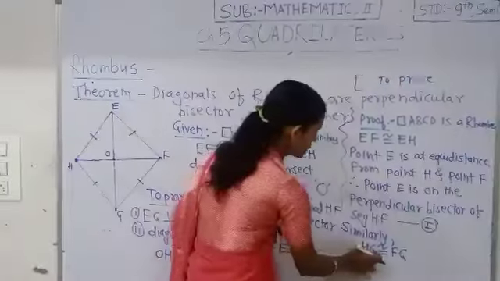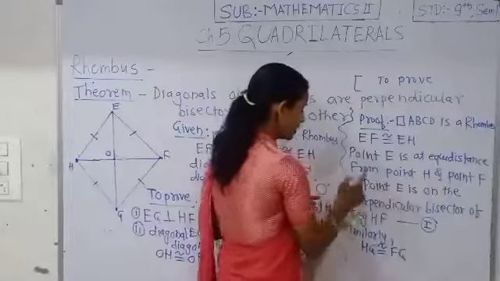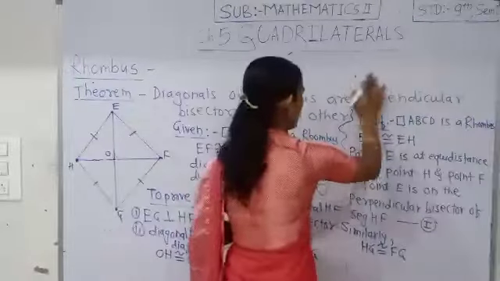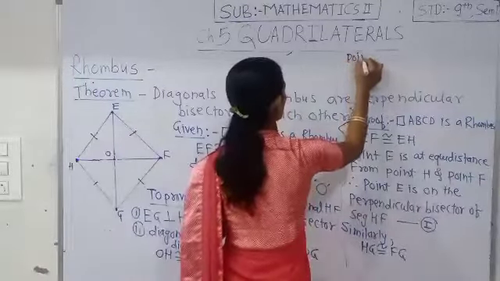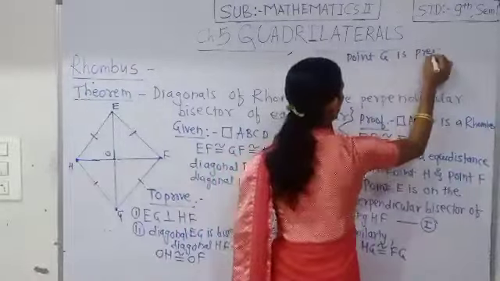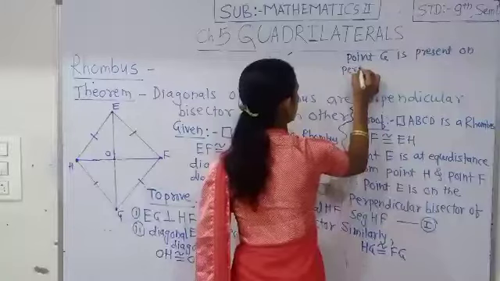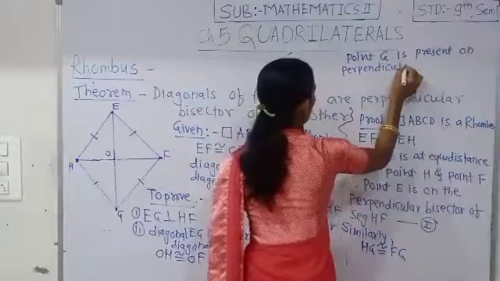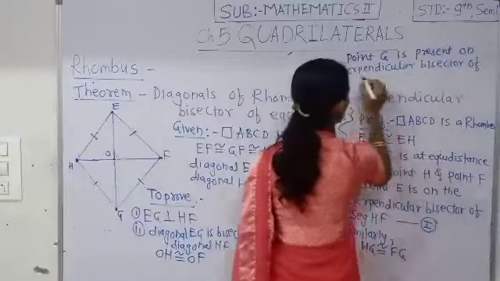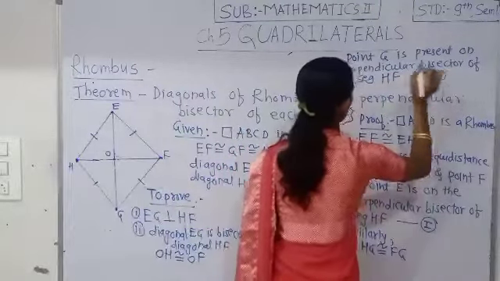So according to this property, we can write that point G is present on the perpendicular bisector of segment HF. Let this be equation number 2.